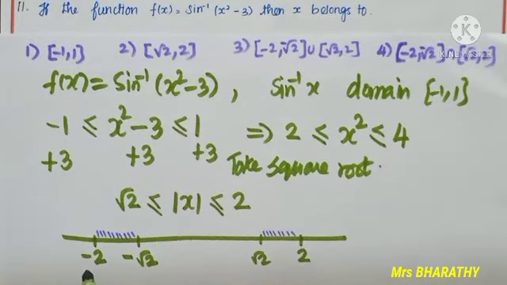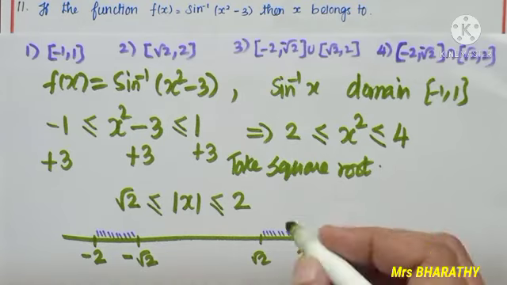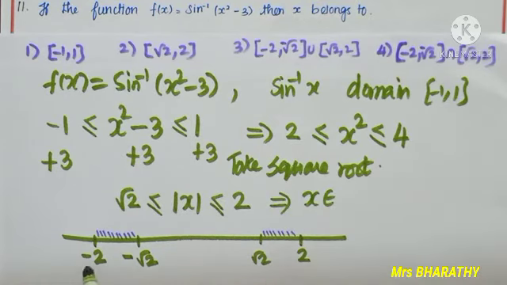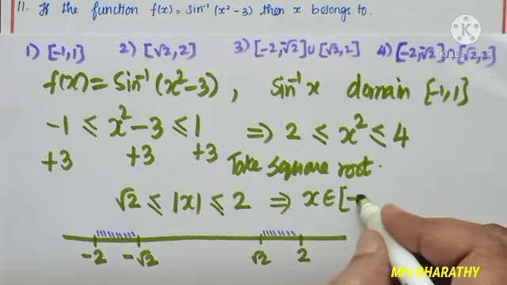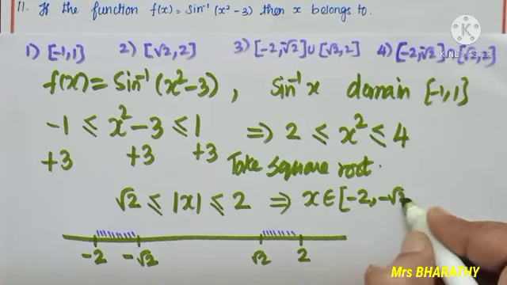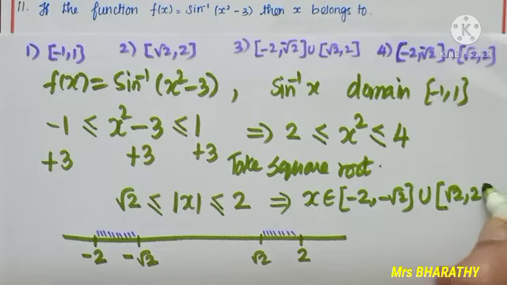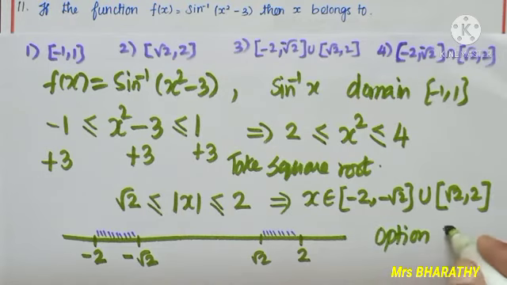Minus root 2, minus 2 we have marked, plus root 2, plus 2 we have marked. So this implies x is belonging to either this interval or this interval. So we write minus 2 to minus root 2, union root 2 to 2. So which option do we say? Option 3 gives us the correct answer.